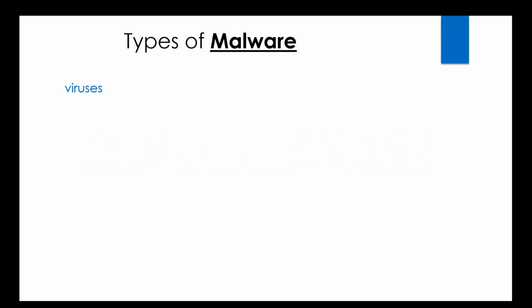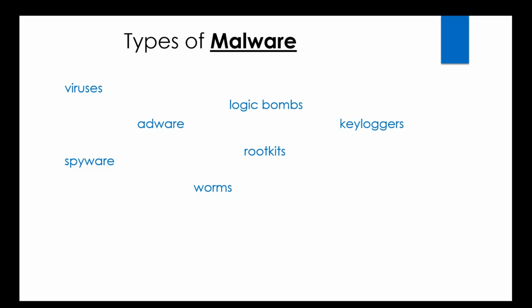There are viruses, where some code is attached to a file that gets opened and passed along. There's spyware, where it finds a home on your system and then it collects info and sends that back to the hacker. There are worms, which replicate on your system and attach to all kinds of files and look for connections between computers and storage areas, and the list goes on. There are so many different terms out there.